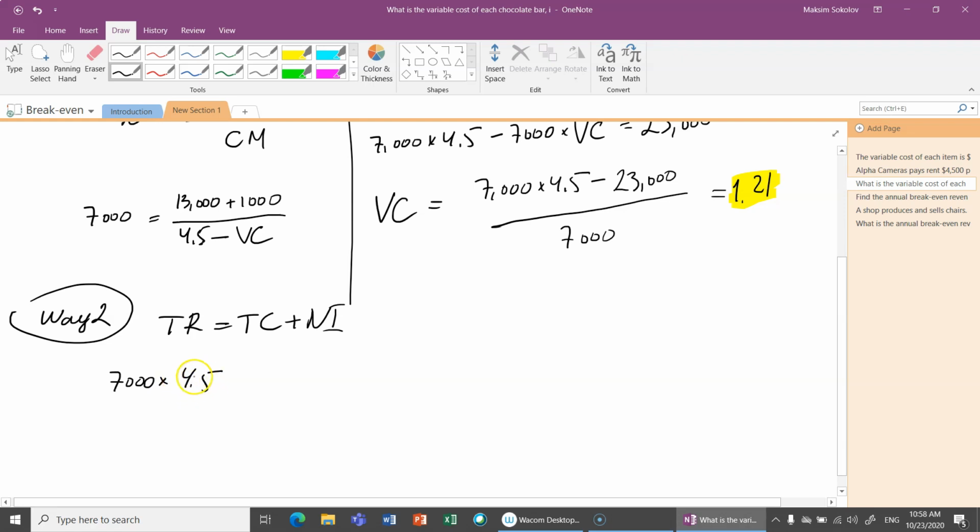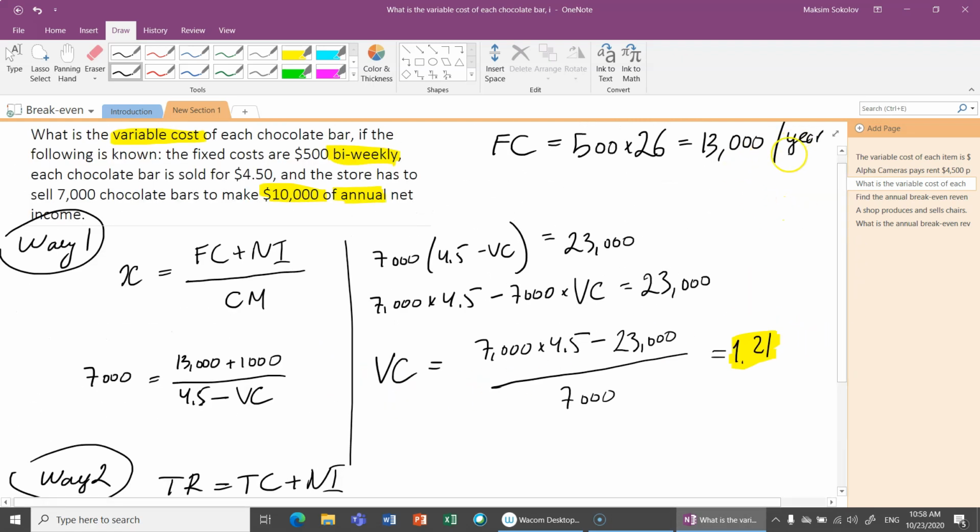That is going to be total cost, which is, again, we sell 7,000 items times variable cost, which we don't know, plus fixed cost.